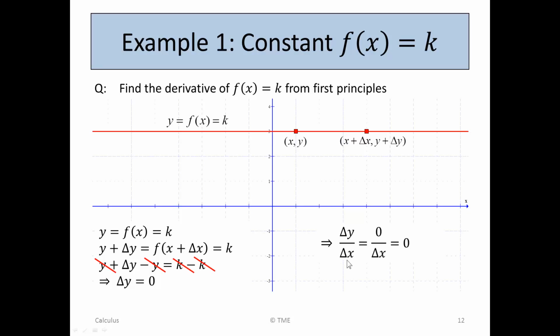So if delta y is 0, delta y divided by delta x is 0 divided by delta x, which is 0. And at the limit, no matter how small our step is from x to x plus delta x, we'll find that delta y over delta x, dy/dx, is 0.